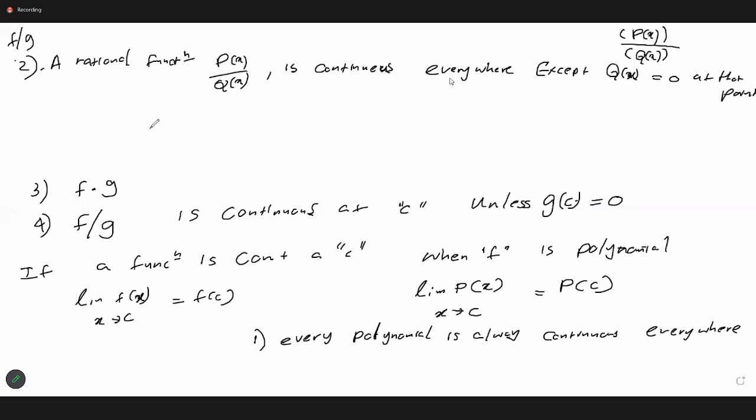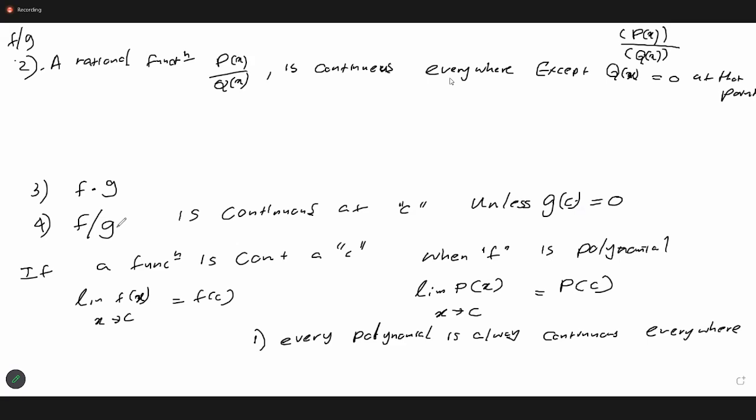Okay, why did I write down this? Because here we learned some property, right? Inside this property, the last property is f over g is continuous at point c unless g is equal to 0. Now we choose a special case, because these two are functions f and g.